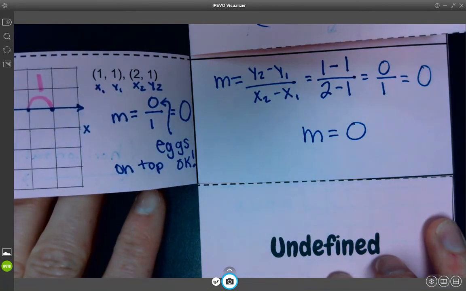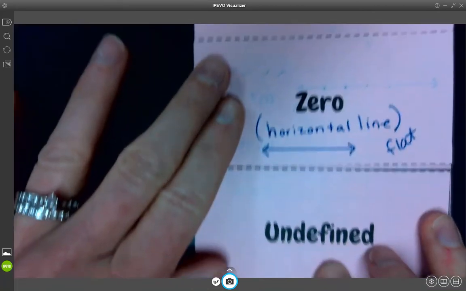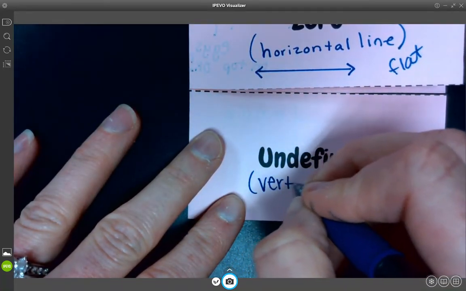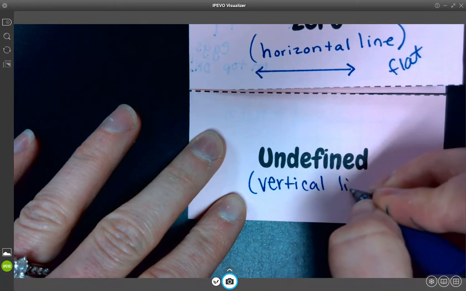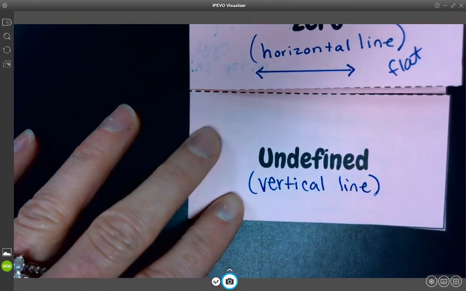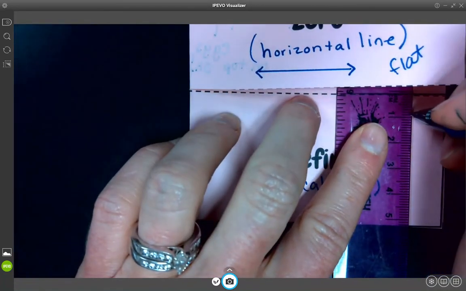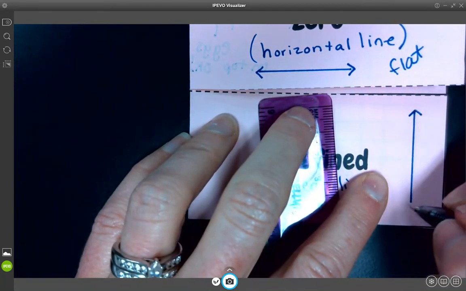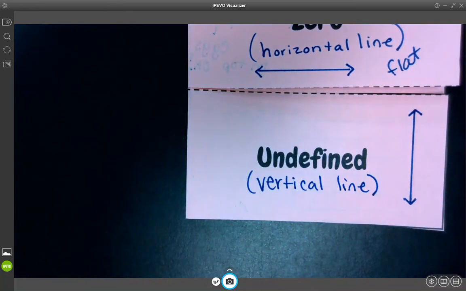All right, last one, undefined. Undefined is a vertical line, straight up and down, falling off the cliff.